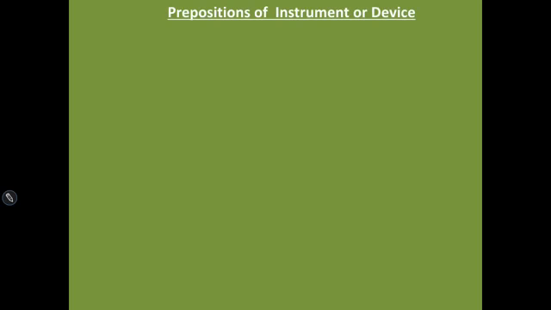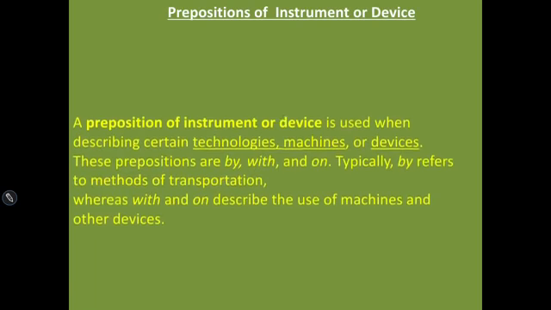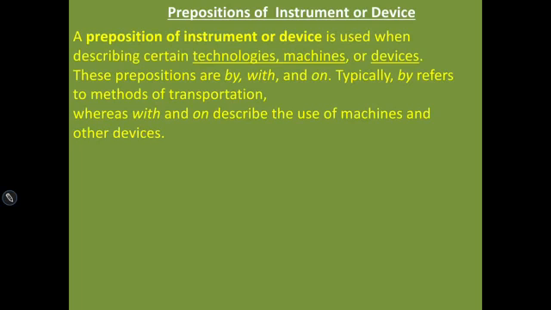Prepositions of instrument or device. A preposition of instrument or device is used when describing certain technologies, machines, or devices. These prepositions are by, with, and on. Typically, by refers to the method of transportation, whereas with and on describe the use of machines and other devices.